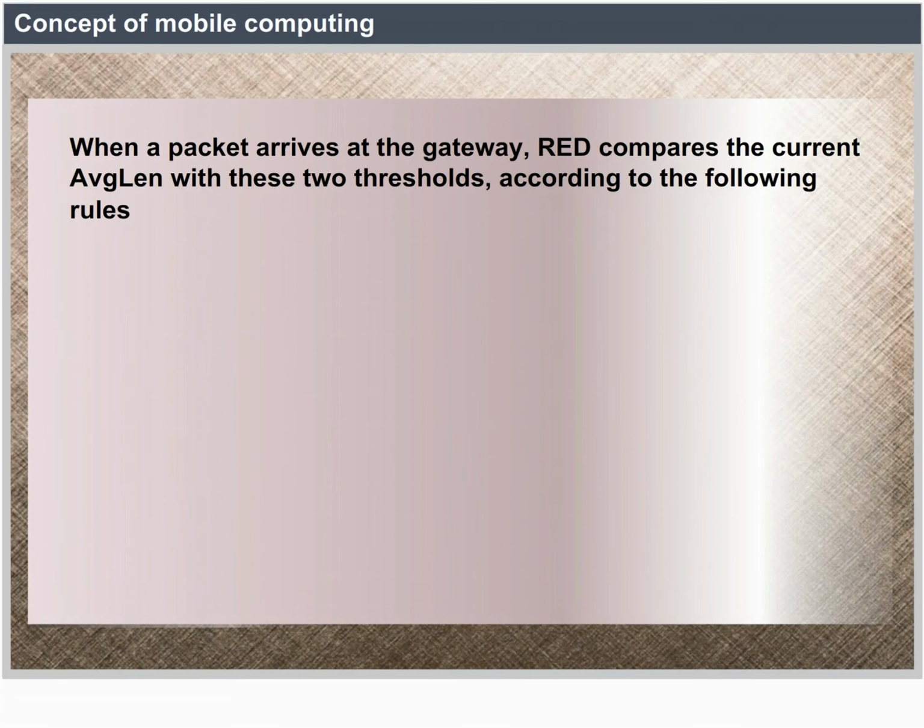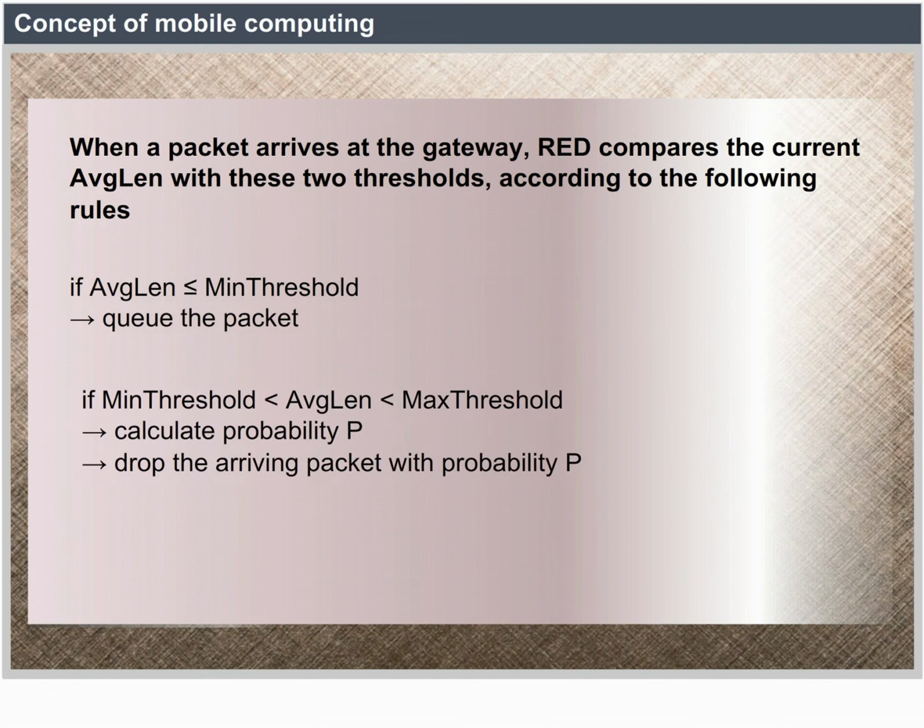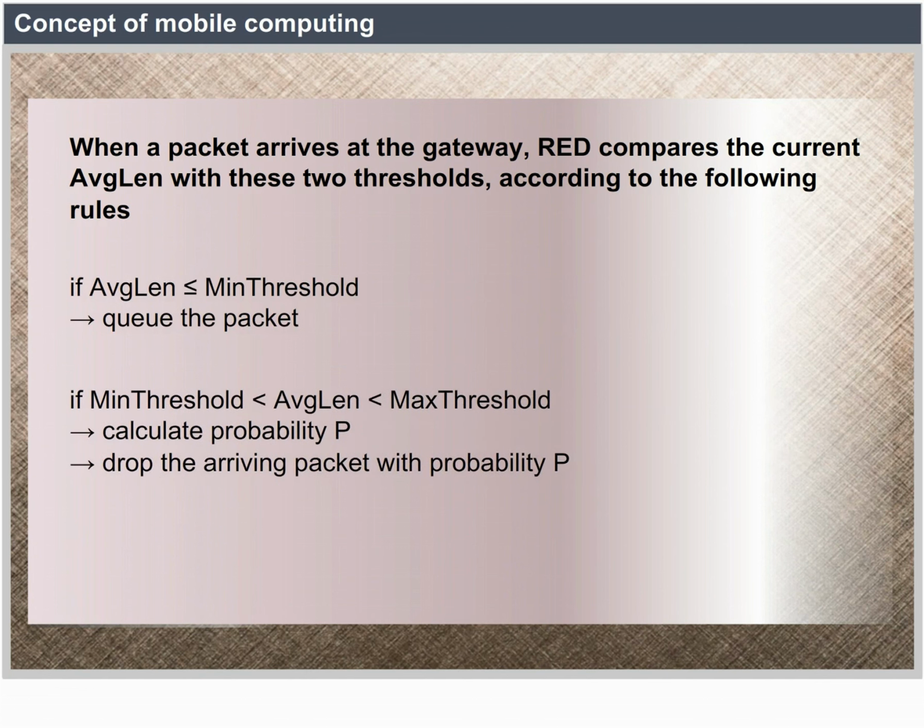If AvgLen < MinThreshold, queue the packet. If MinThreshold < AvgLen < MaxThreshold, calculate probability P and drop the arriving packet with probability P. If MaxThreshold <= AvgLen, drop the arriving packet. Figure: weighted running average queue length.